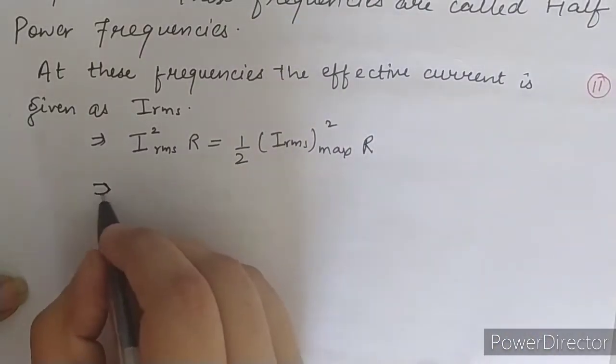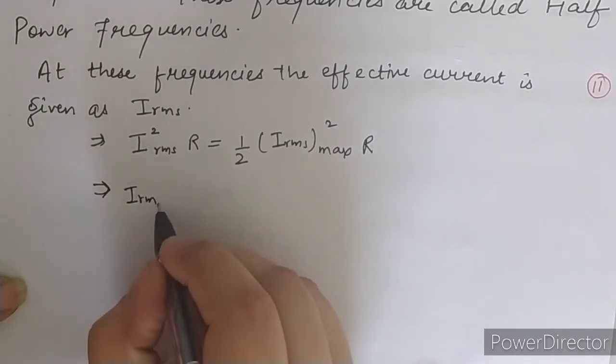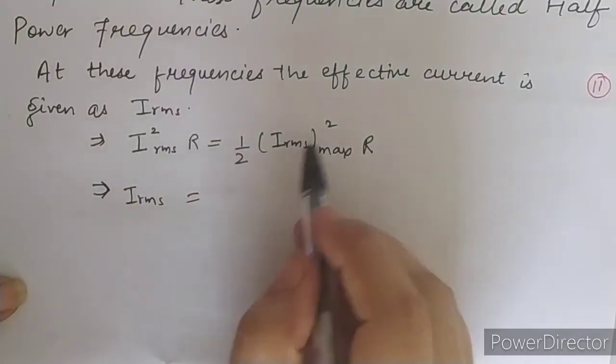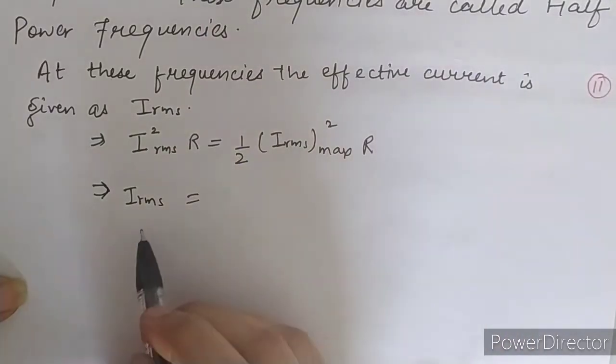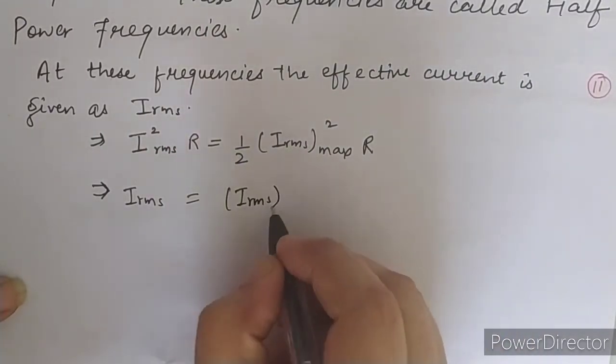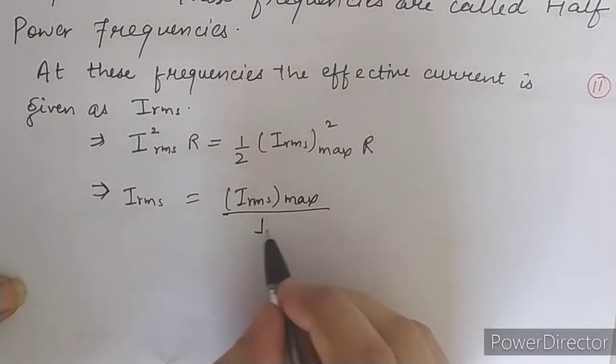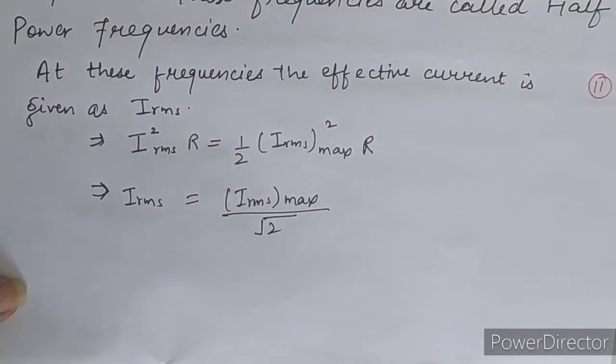From here, if we calculate the value of IRMS, then the square and R get cancelled out. IRMS is equal to the maximum value of IRMS divided by root 2.